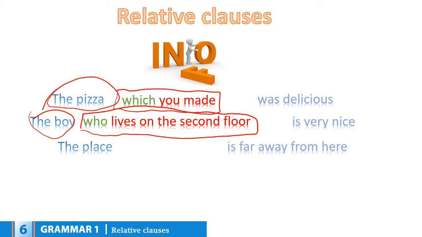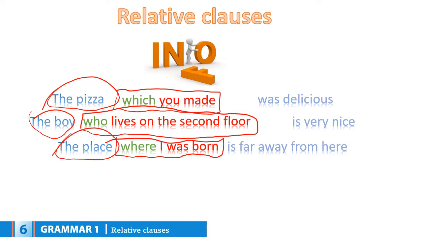The place is far away from here. The place? What place are you talking about? The place where I was born. Okay, thank you, relative clause. I get it. I know what place you're talking about. So this extra information is helping me just to know what you're talking about.